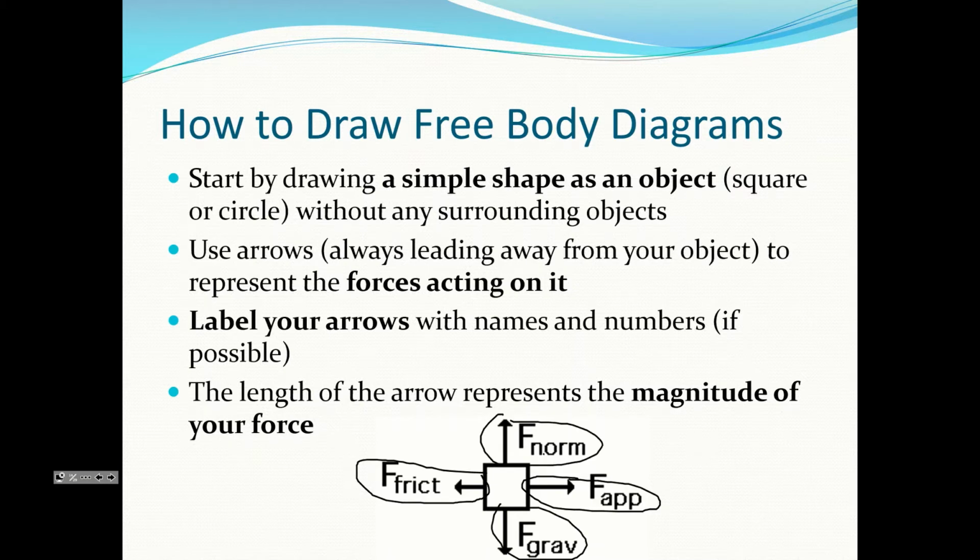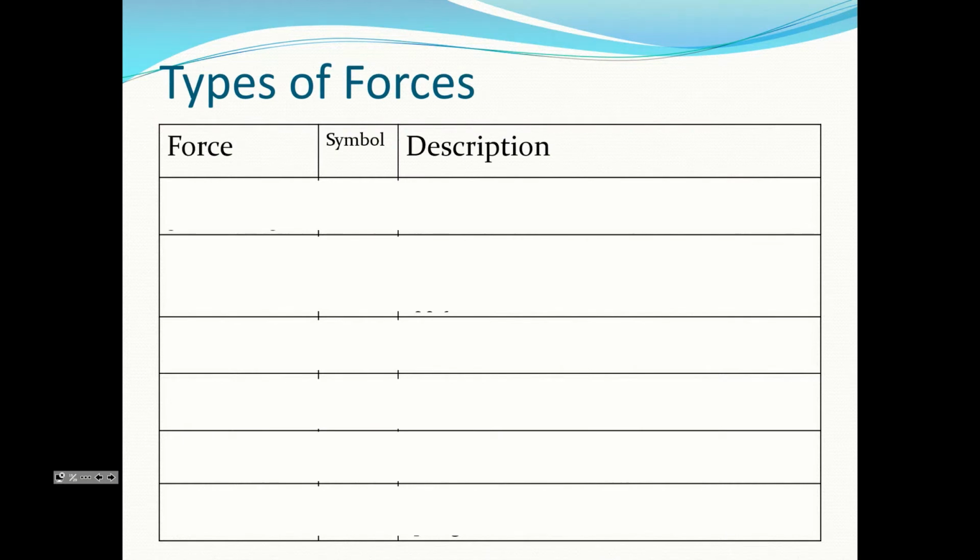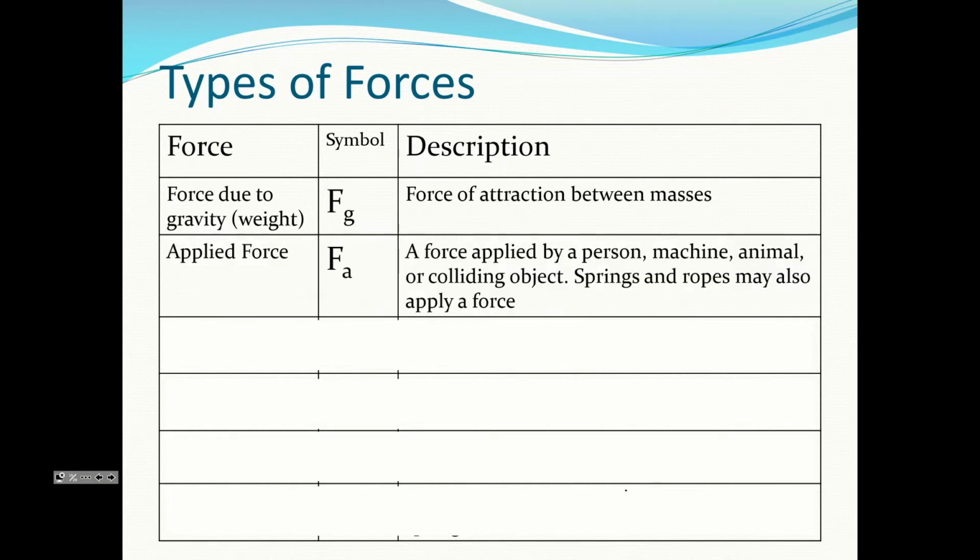We're not going to use these conventions, so I'm going to talk about what conventions we will use for our naming of forces. These are the only ones that we're going to use in Physics 20. Force due to gravity is Fg, and it's a force of attraction between two masses, so you and the Earth. Force applied we call Fa, and it's a general cover-all, so it can be applied by a person, a machine, an animal, colliding objects.